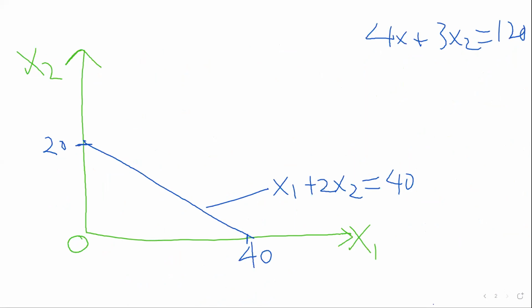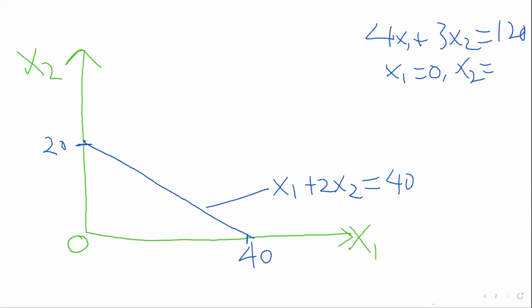So once again, if x1 is 0, x2 will be what? Who can raise a hand and tell me? If x1 is 0, what will be x2?